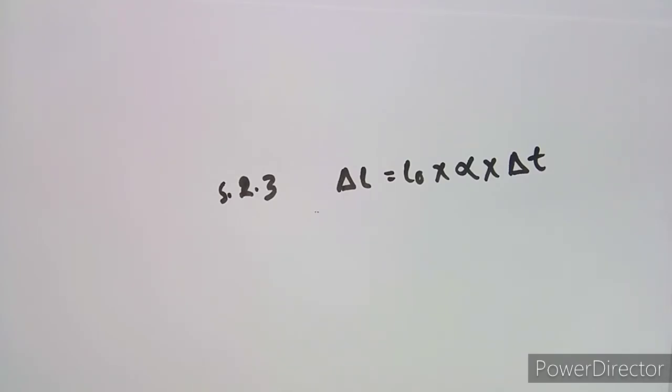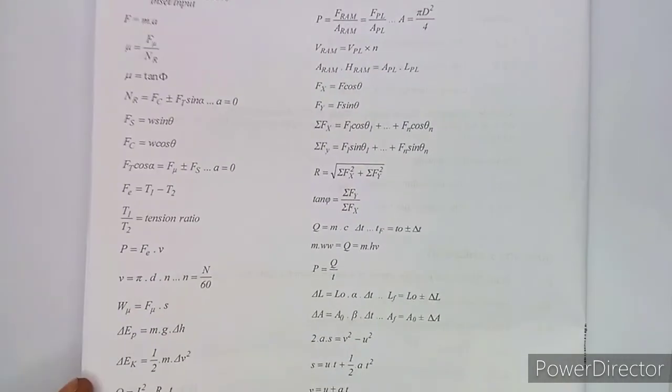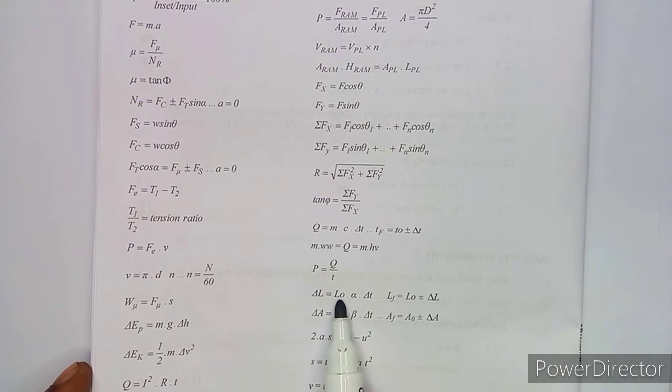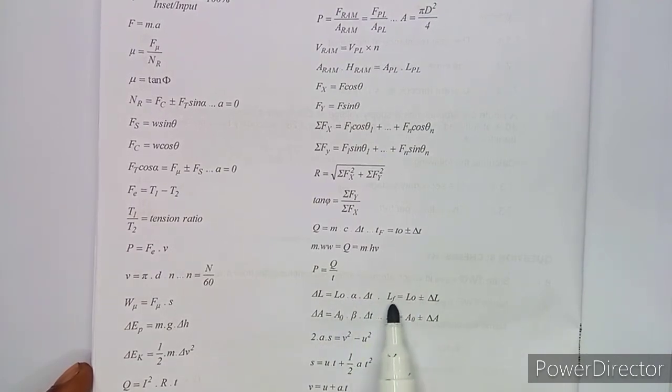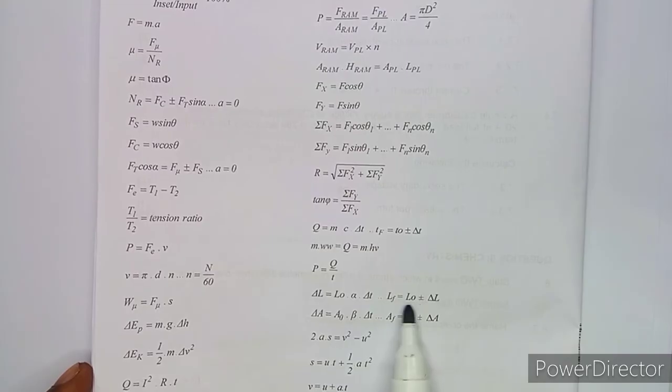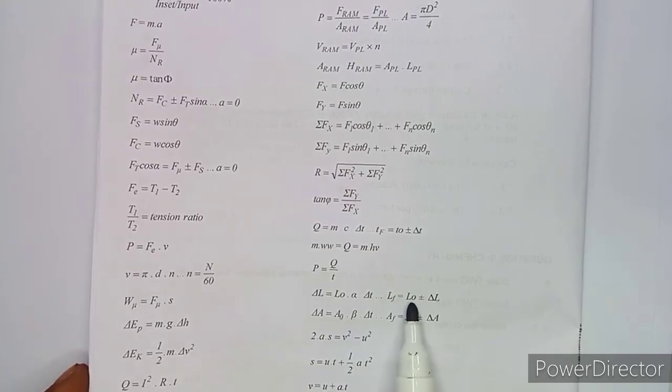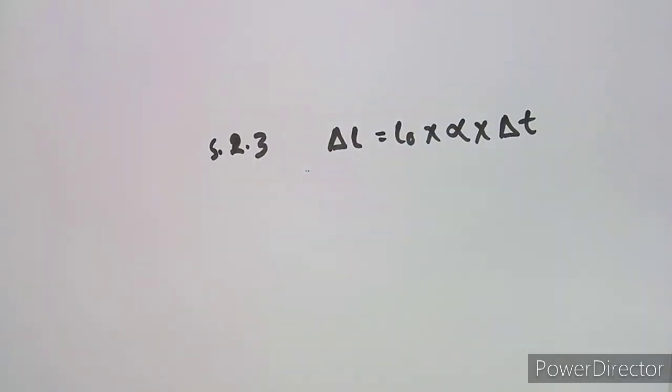I wanted you to see this so that you don't confuse these formulas in the exam. This is the change in length: original length, linear coefficient, then the change in temperature. The final length is the original length plus the change. Okay, so that's what the question is saying there.